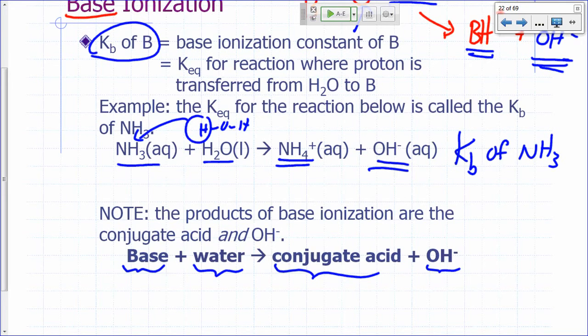So the conjugate acid of something will just be that something with the H plus, with the proton attached to it. So ammonia with a proton attached to it would be ammonium ion. This is the conjugate acid of NH3. So we say that in a base ionization, the water is behaving like an acid. The water is donating the proton to the other molecule, or to the ion.